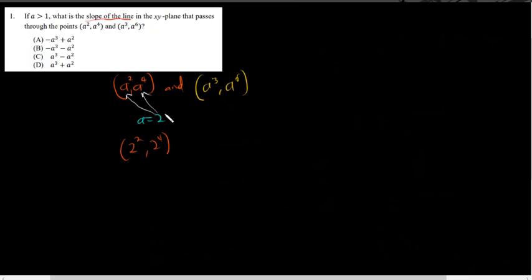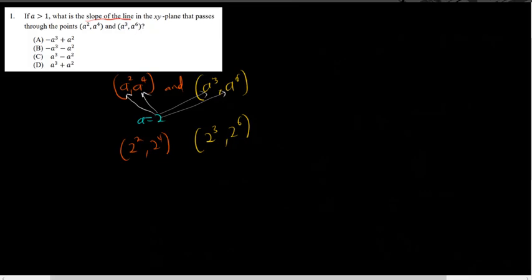If I do the same thing here, I'm going to get 2 raised to the power 3, and putting in the value of a, that is 2, I'm going to get 2 raised to the power 6. Now what I'm doing here is trying to guess the value of a. Just put in any number, don't put in a huge number that you end up suffering.